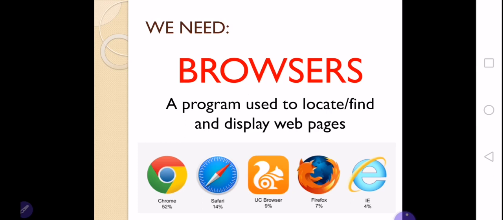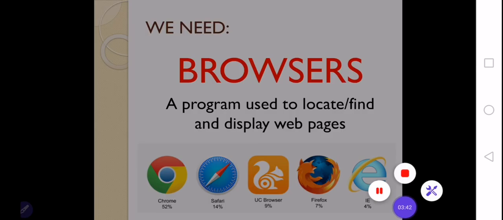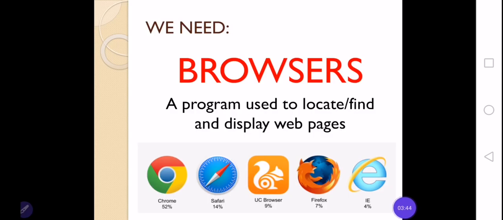But now if I want to find a web page, I would need what? A browser. And the browser will open up a specific or particular web page which I'm looking for. So browser is basically a program to find the web pages and to display them properly.